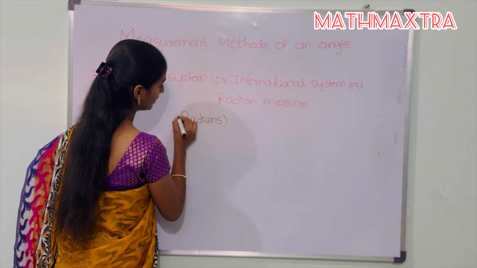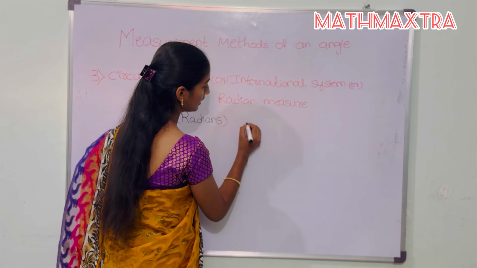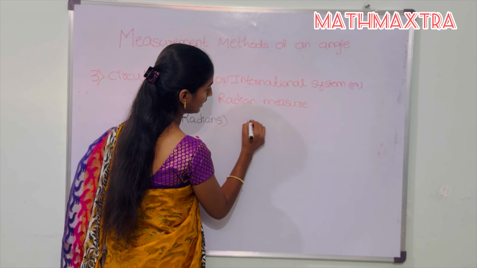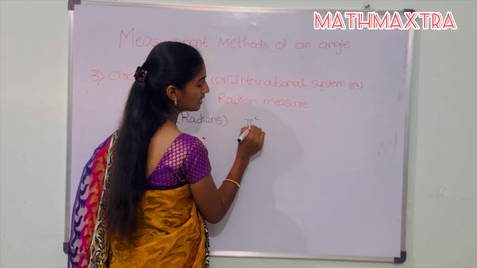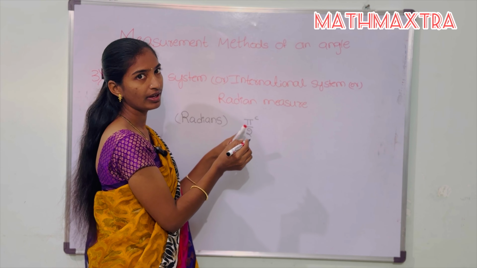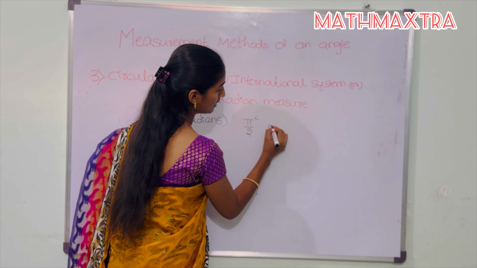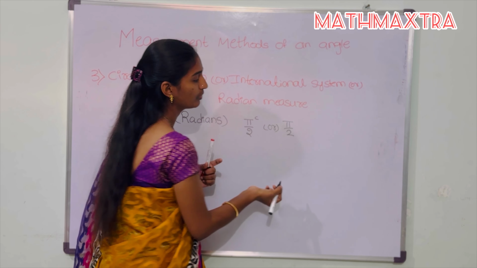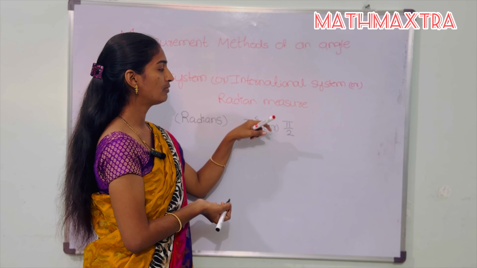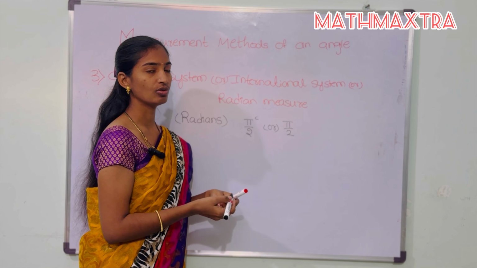Okay. So how do we represent radians? We represent radians as pi by 2 with a C in the superscript of the number, or simply we can represent it as pi by 2, without the superscript, which means it is in radians only.